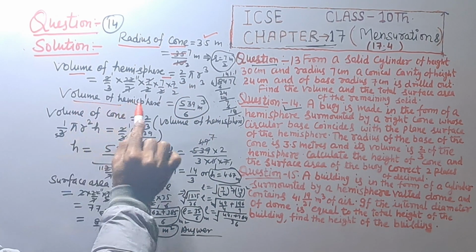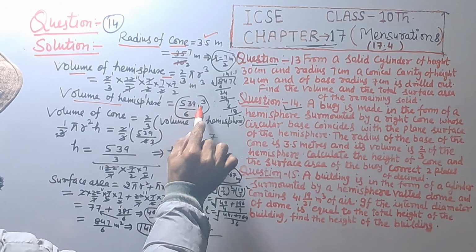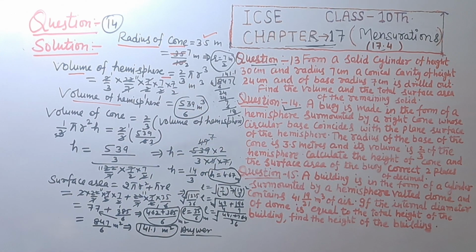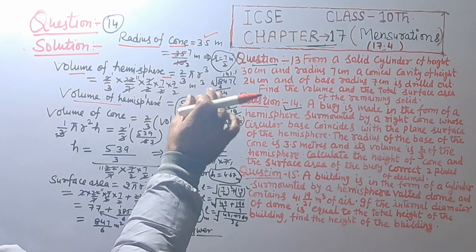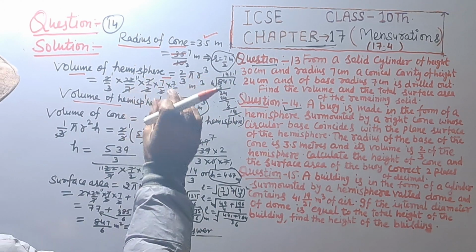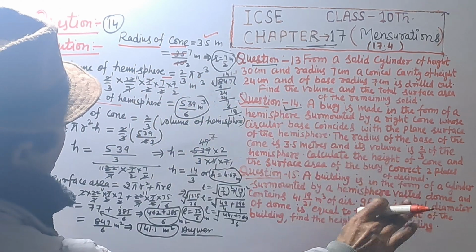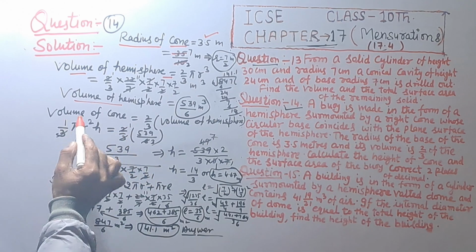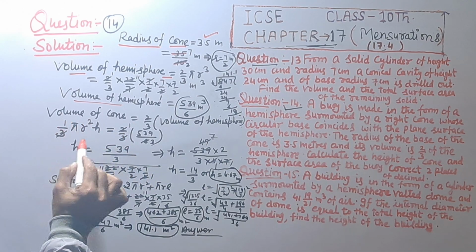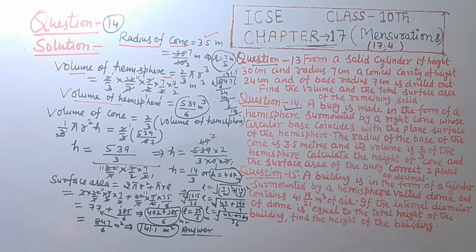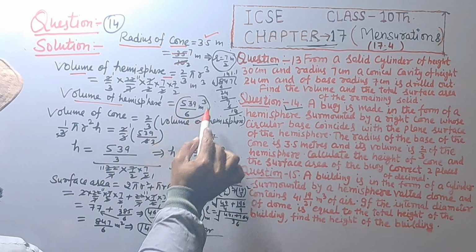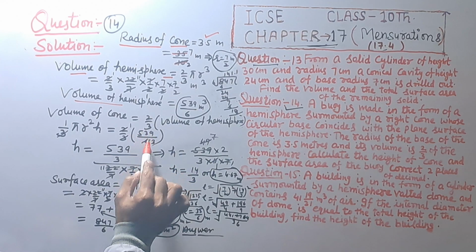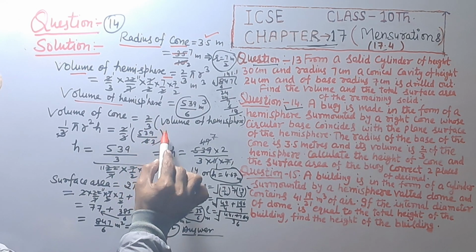Volume of hemisphere we get 539 upon 6 meter cube. And according to question, the volume of cone is equal to 2/3 of volume of hemisphere. We know that volume of cone is 1 upon 3 pi r square h is equal to 2 upon 3, volume of hemisphere is 539 upon 6 meter cube.